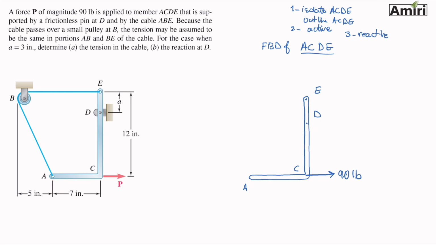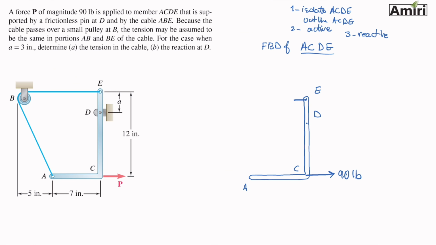The tension in the cable, some people take that as a reaction force because it's pinned to points E and A and is pulling on it. But it could also be an active force, meaning it's trying to maintain the equilibrium. It really doesn't matter which step you add it in, you have to add it anyway. In this problem, I chose to add it in this step as a reactive force, which is not incorrect.